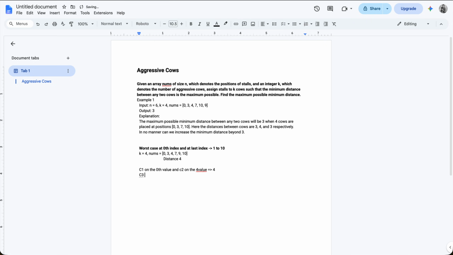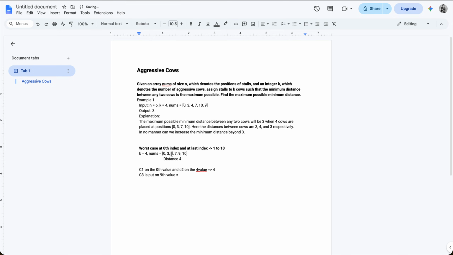And where will I place cow 3? 3 is not possible over here. If I put c3 on the 7th value and c2 on the 4th value, then over here the distance is 3, so I cannot put it, so I just have to put cow 3 on the 9th position.